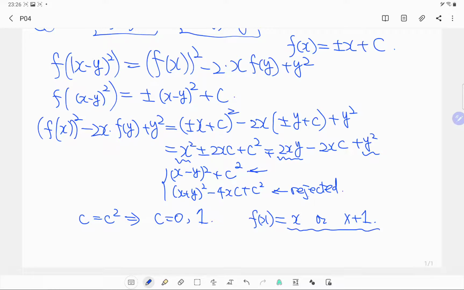We only have two solutions. Originally, we have two sets of solutions, but it turns out to be two solutions for this functional equation. And this is the end of this video.